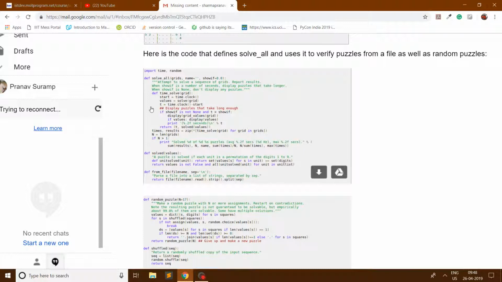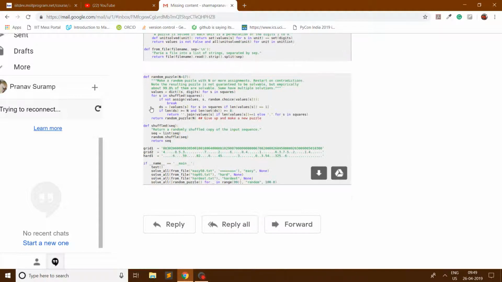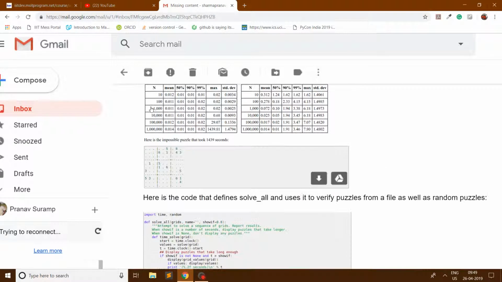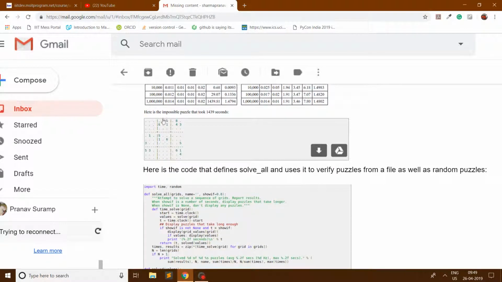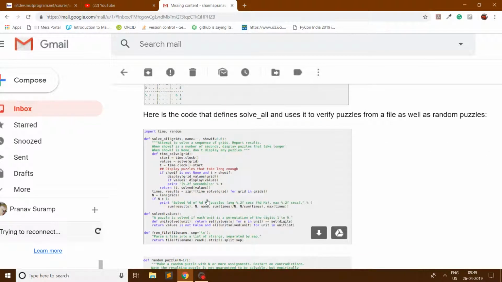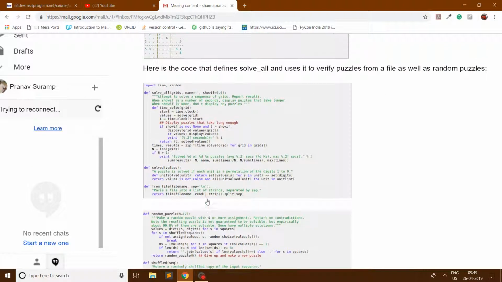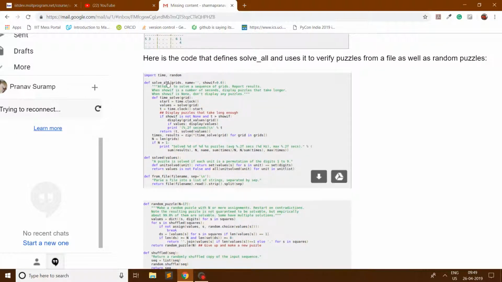Let's look at the small piece of code that Mr. Norvig had written to verify the puzzles and generate the puzzles as well. We see that solve_all remains the same. Solved is a new method.